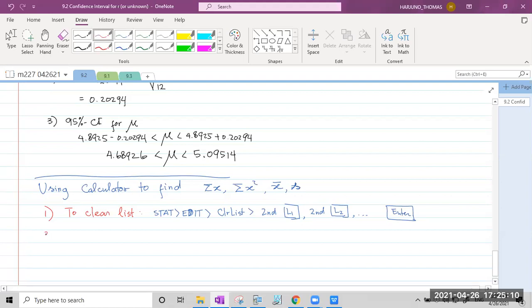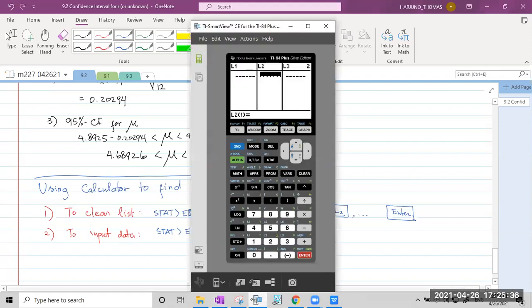Second, to input value or to input data. You go to Stat, Edit, and then Edit. Let me show you.